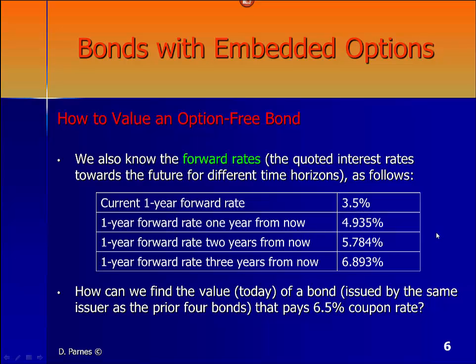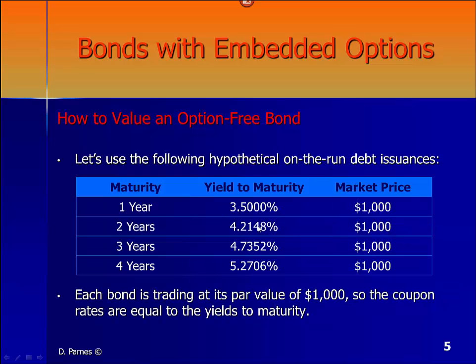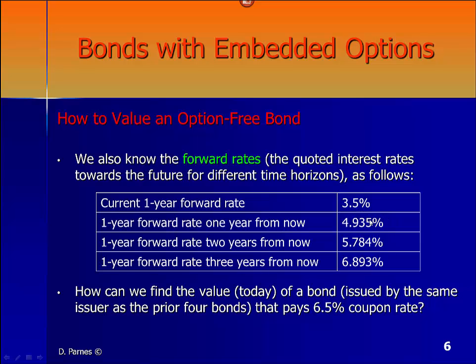The forward rate in the forward market is quoted as 4.935%. This is slightly different than the 2 years. Okay, over here you have the spot rate of 4.2148, and over here the 1 year forward rate 1 year from today is 4.935%. So pay attention to the differences.